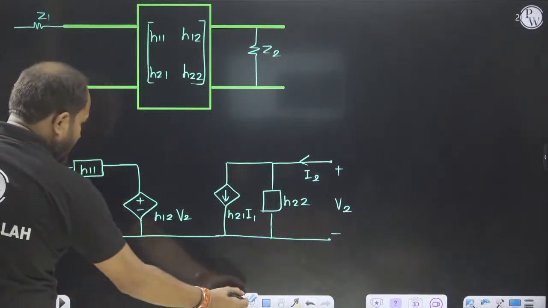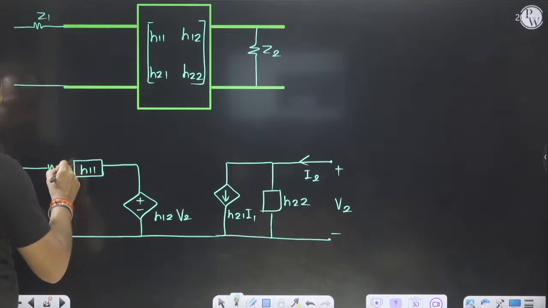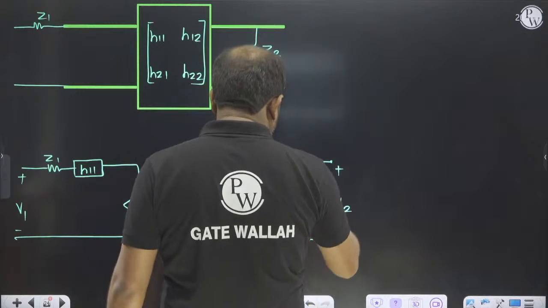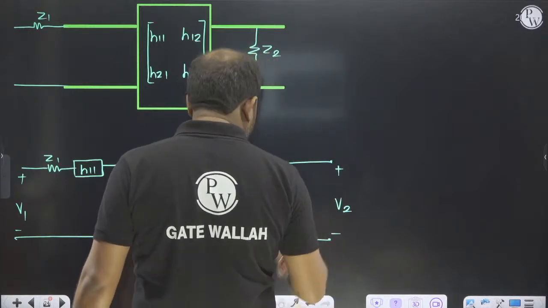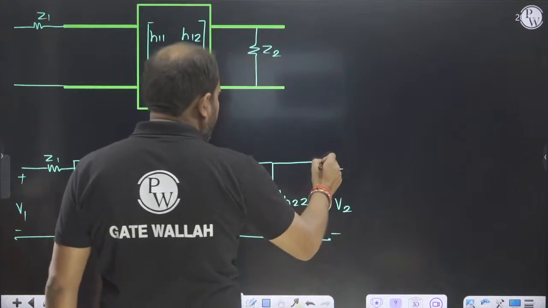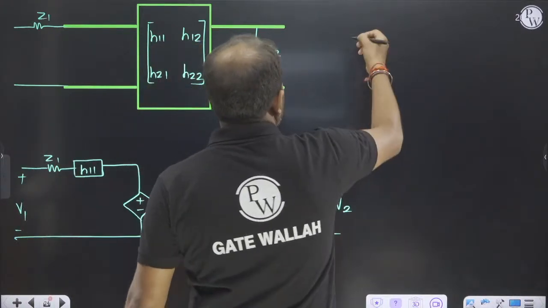You consider a Z parameter, Z1, and you have to consider a Z2 also in parallel. So this one is in series.